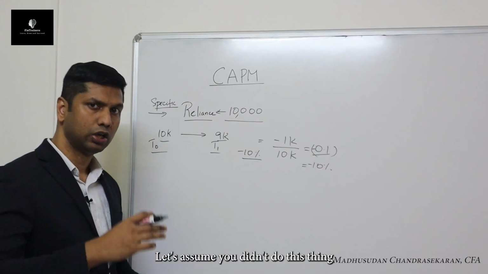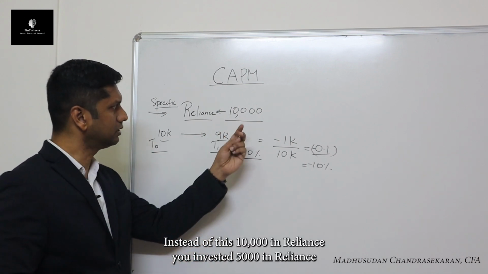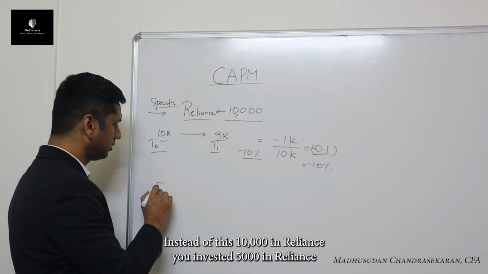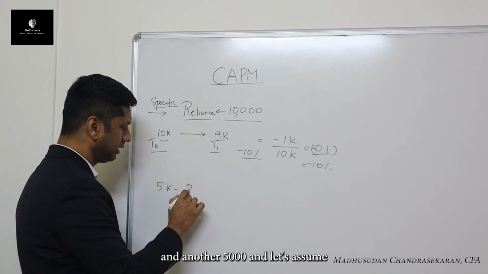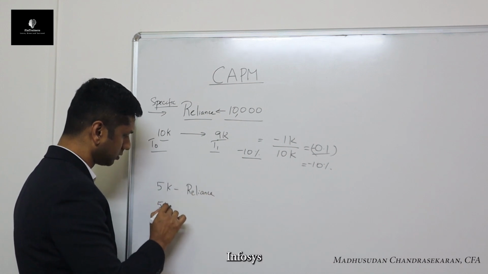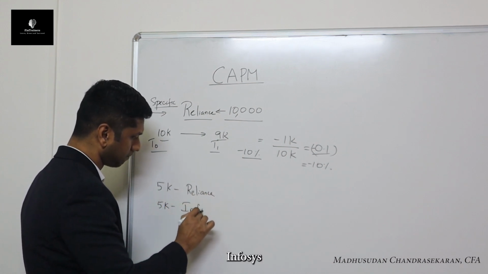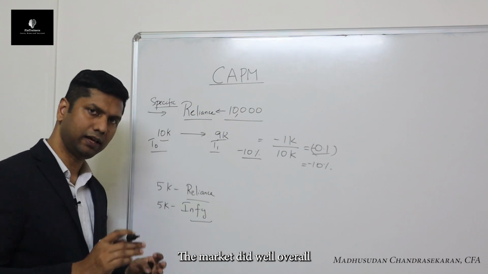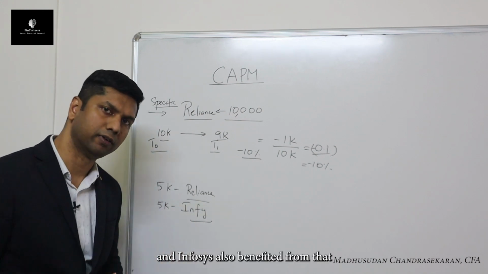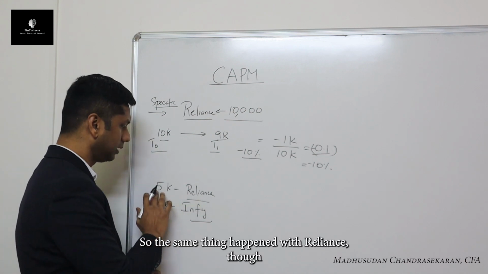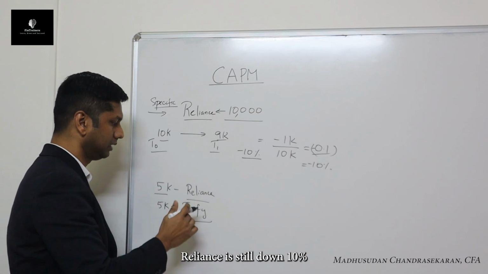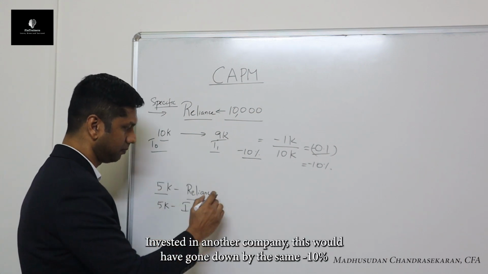Let's assume you didn't do this. Instead of 10,000 in Reliance, you invested 5,000 in Reliance and another 5,000 in, let's assume, Infosys. The market did well overall, and Infosys also benefited from that. The same thing happened with Reliance, though. Reliance is still down 10%, even though you have invested in another company.